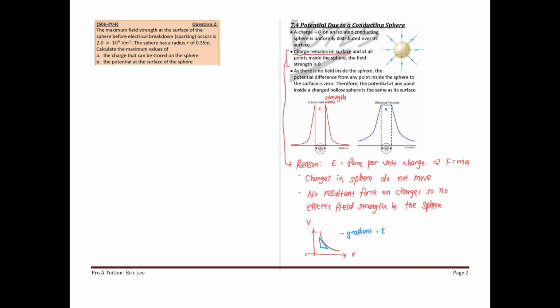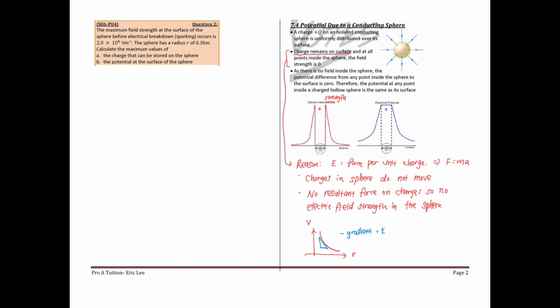So you have to think of work done. It will help you to understand it. But past year questions don't ask this so much. They ask you why the electric field strength inside the sphere is 0, but not this so much. So if they ask, you just follow this wording here. It is related to the work done.